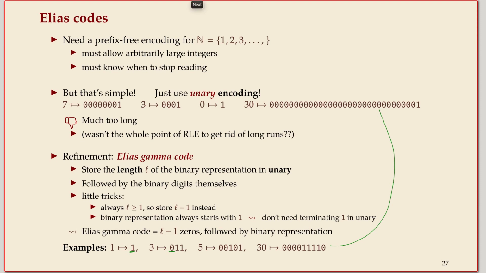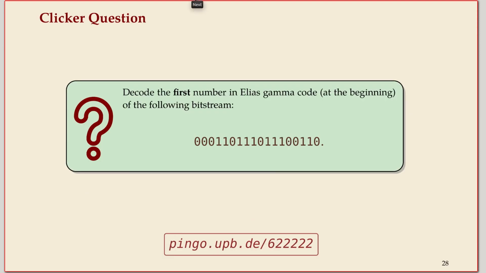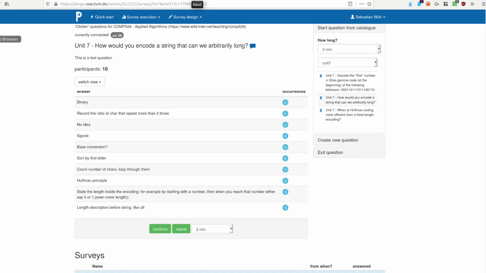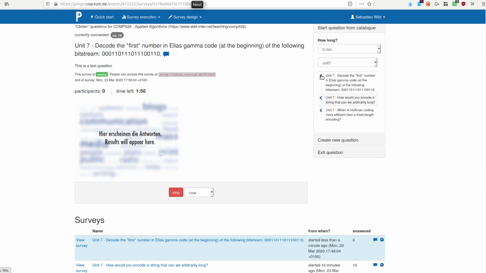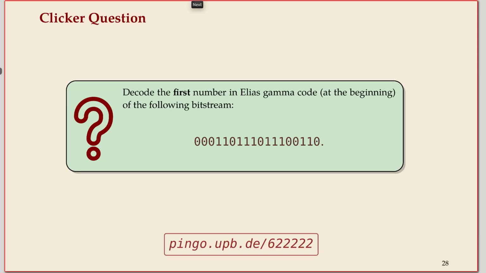Because it was so nice to see you guys working, let's see how you can decode this. So I'll start the question and then show this explanation again. I think 2 minutes should be enough for this. The point is, this is the beginning of a bit string, and I don't tell you where the first number stops.